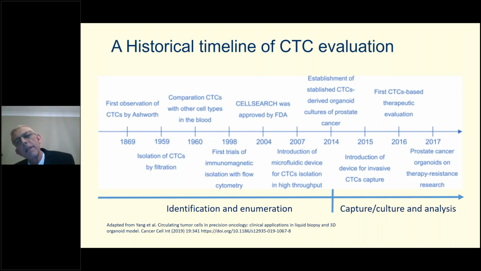But as we move forward up until the present, there's been more of an emphasis on capture, culture, and downstream processing, so capturing the circulating tumor cells, culturing them, analyzing them, determining if they can be used for other processes, such as learning fundamental information about the processes of metastasis, and also whether or not we can use cultured and fully analyzed circulating tumor cells to make important clinical decisions, such as patient stratification, for example.